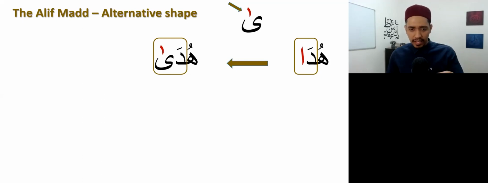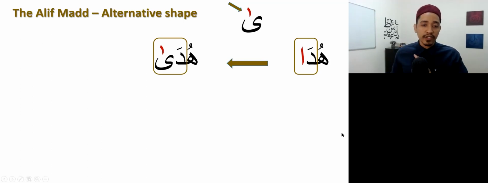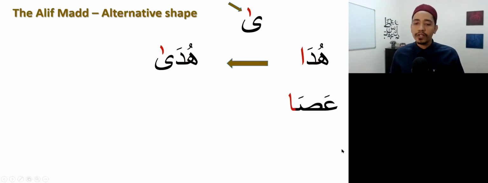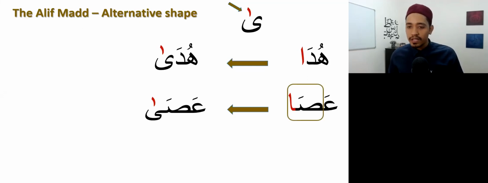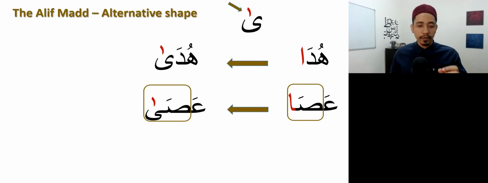It sits on top of the ya and confuses you, thinking that you have to pronounce the ya, but actually the ya is as if it doesn't exist. It's just a base. Okay? Asa. Here we go. Asa. That sa and this sa is the same sa in pronunciation, right?